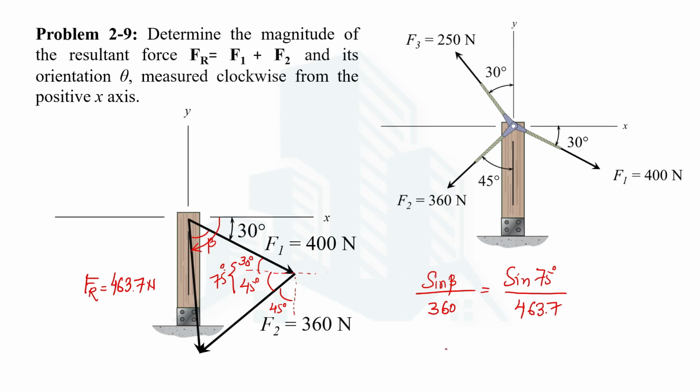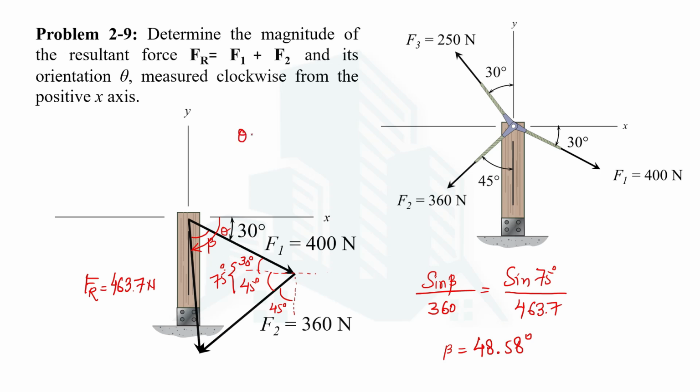If you do the basic calculations, you can determine the beta angle, and the value will come out to be 48.58 degrees. So we have now calculated beta, but we are interested in this angle theta, which is actually the angle this resultant force is making with the positive x-axis clockwise.